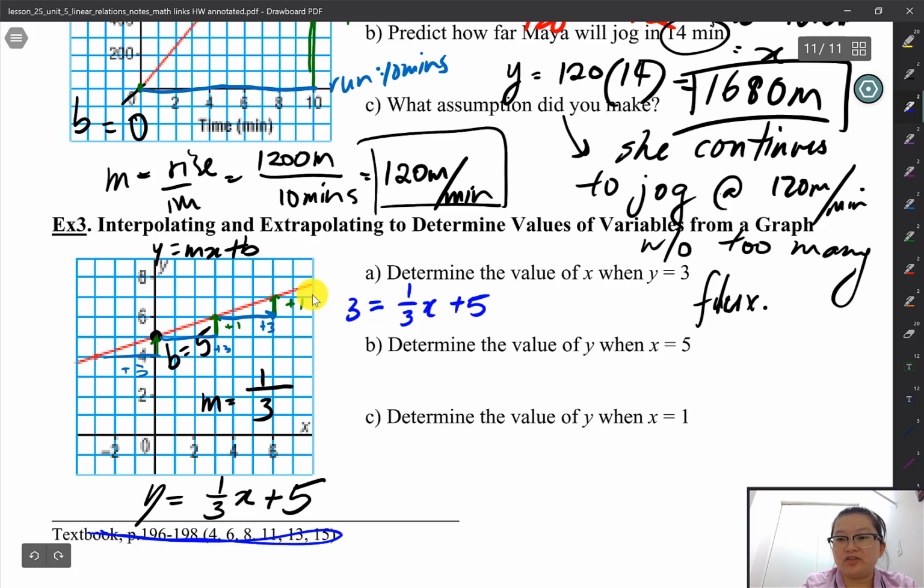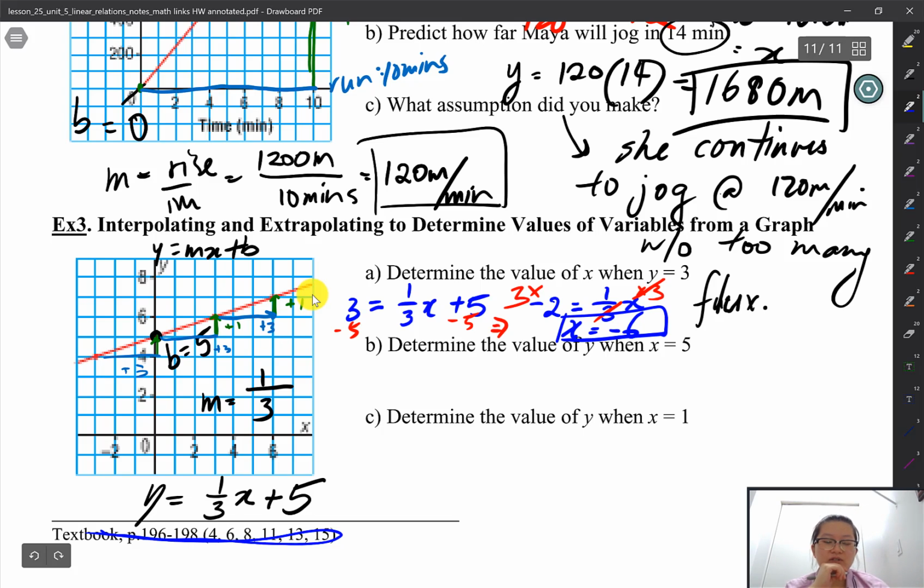Using a bit of algebra, we move the 5 over by subtracting 5 on both sides, and we get negative 2 is equal to 1 over 3 x. The last step is to multiply both sides by 3, and we get x is equal to negative 6.